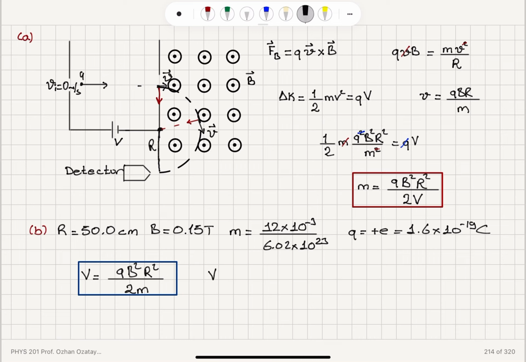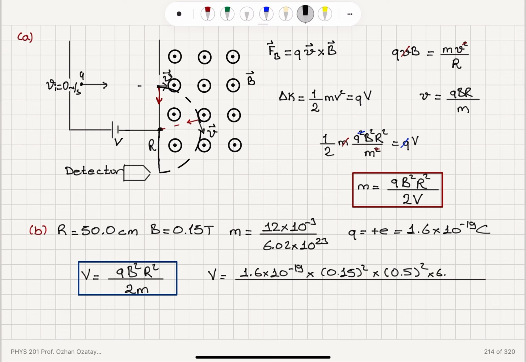And this gives me V is equal to, now let's plug in the numbers. For the electron charge, 1.6 times 10 to minus 19 coulombs. Magnetic field is 0.15 Tesla. We take the square of that. The radius is 0.5 meters squared. And then we have twice the mass. The mass was 12 times 10 to minus 3 divided by Avogadro's number.